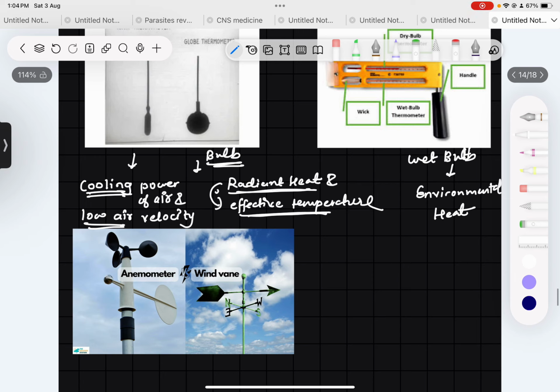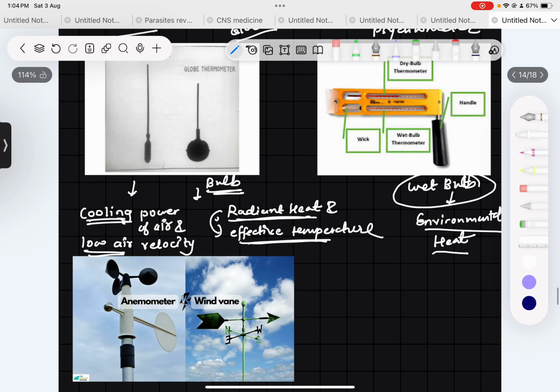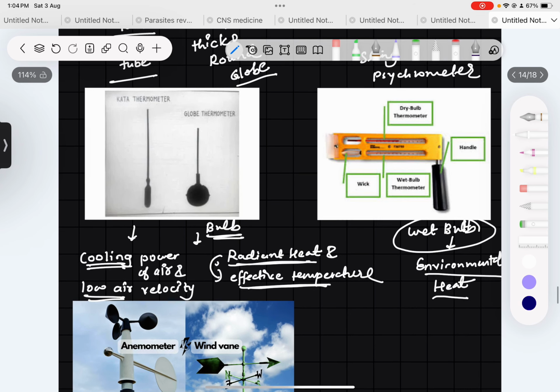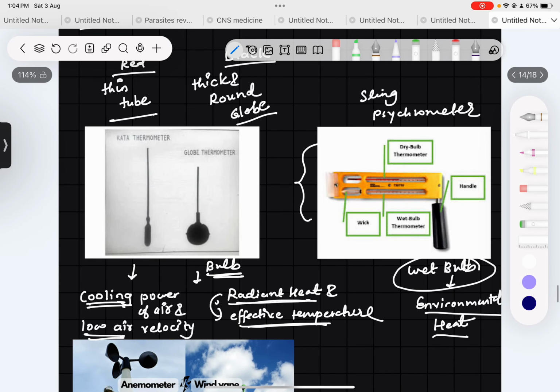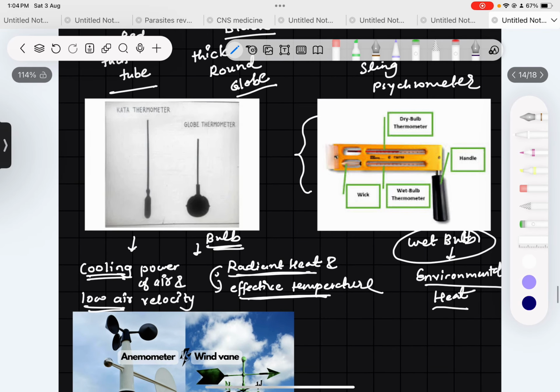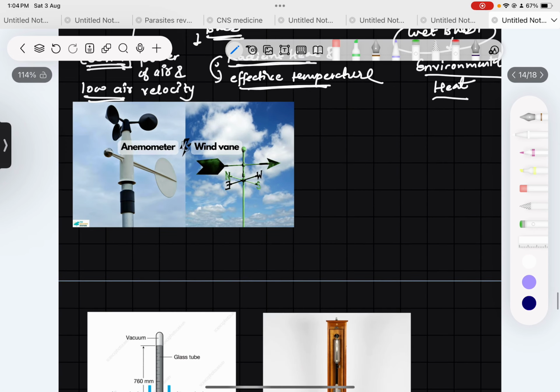So this is radiant heat here in the globe, and in the wet bulb it is environmental heat. And these two together, the dry bulb thermometer and wet bulb thermometer, are going to measure the humidity. So the psychrometer is used to measure the humidity level in the environment.